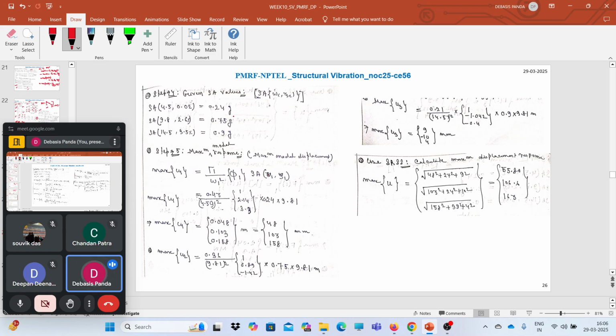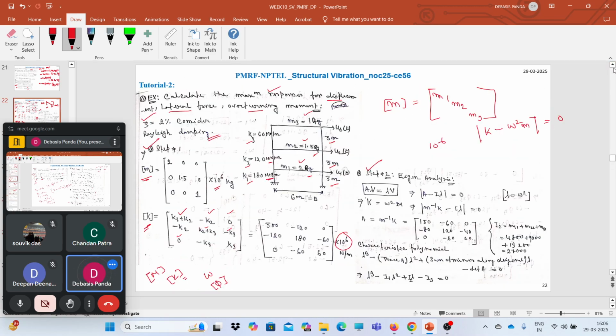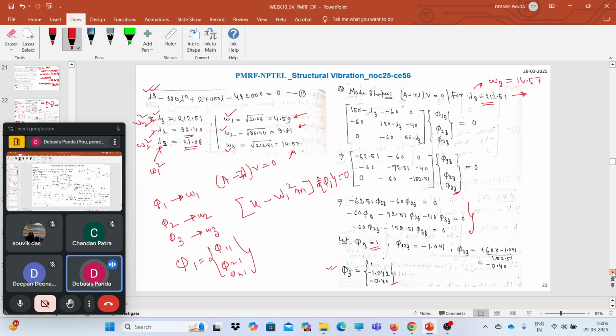For this question we have three natural frequencies and three damping values.